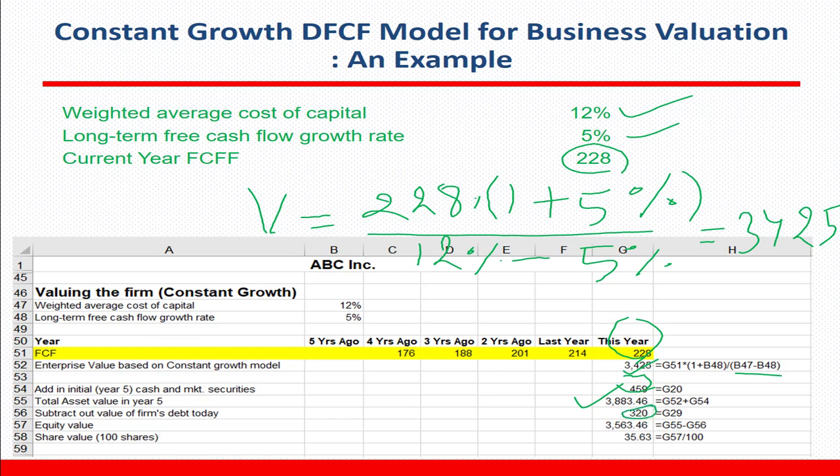That's the current total debt. And if you subtract that current total debt from the total assets, you get the equity value. And if you divide this equity value by the number of shares, then you get the share price.